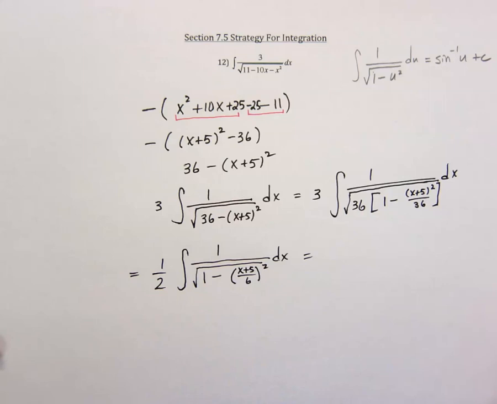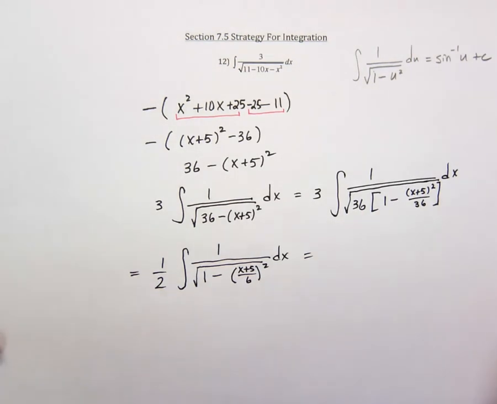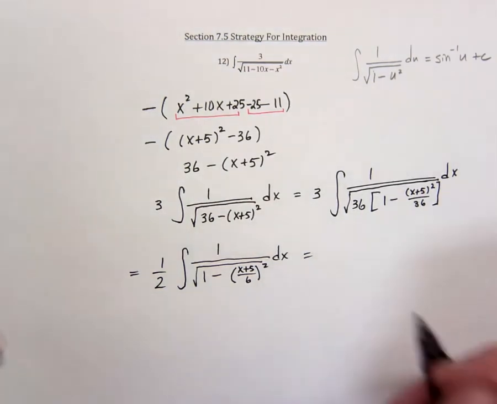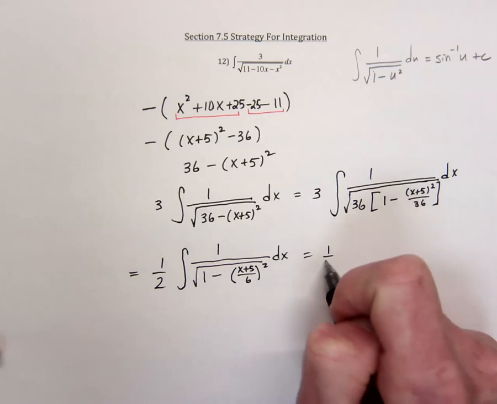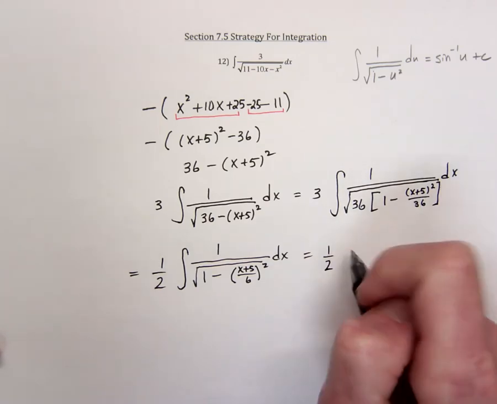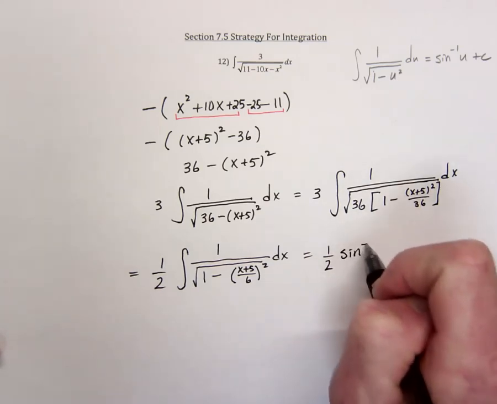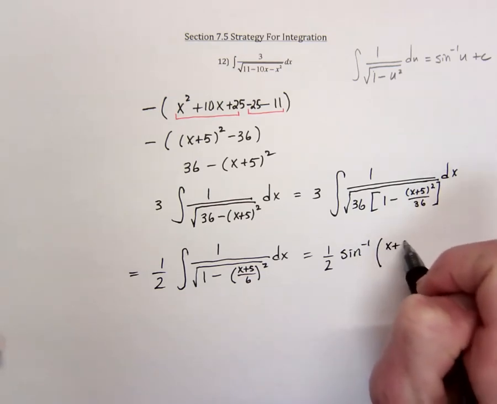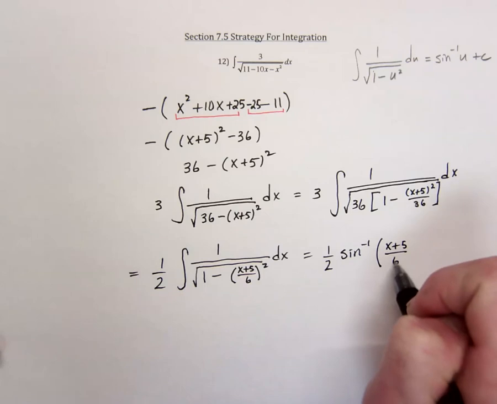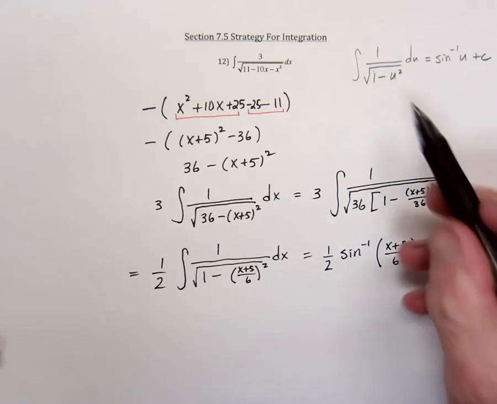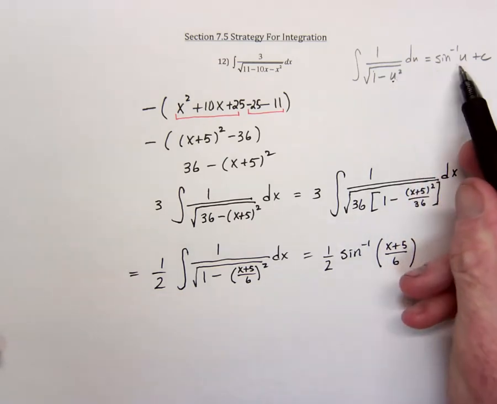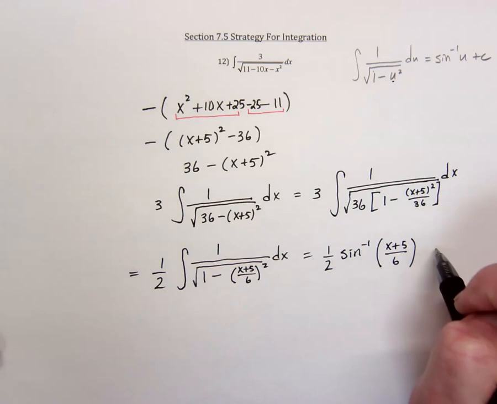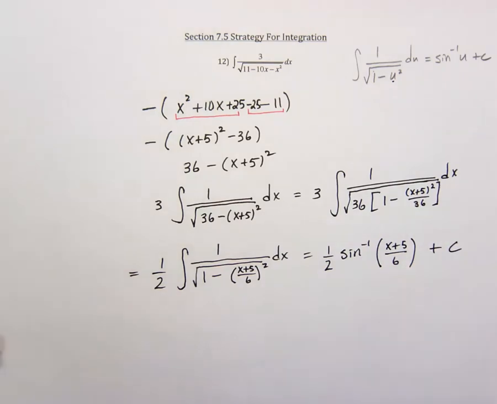And now it's all ready for sine inverse. So it's going to be 1/2 sine inverse of that fraction, x plus 5 over 6. So whatever u was right here, that's what goes right here. We need plus c, and then there's one small thing missing, which is the chain rule.